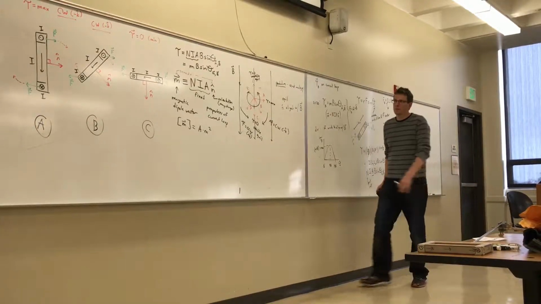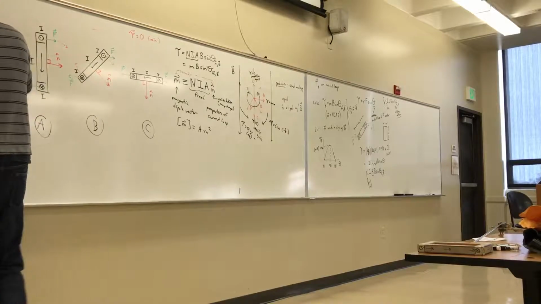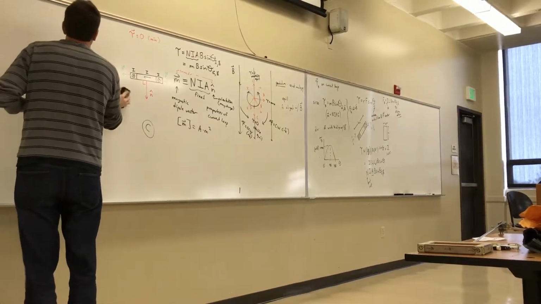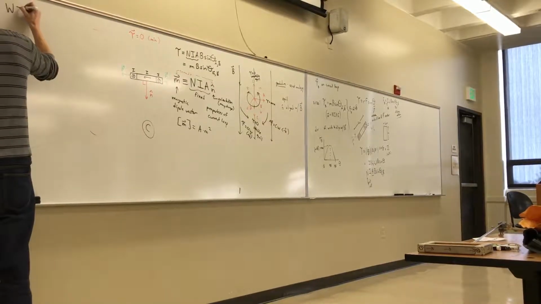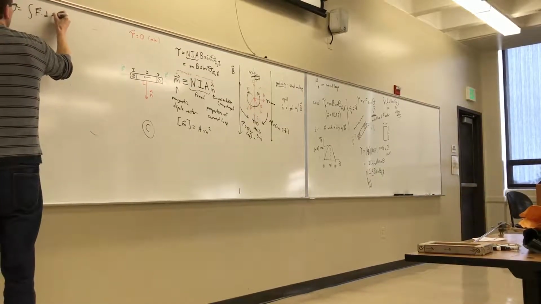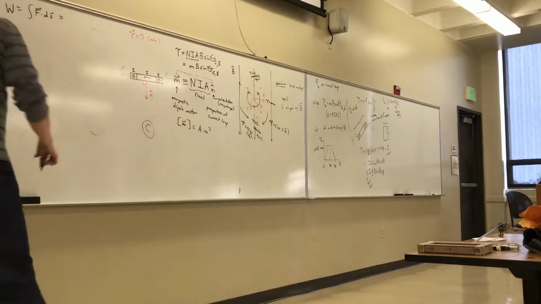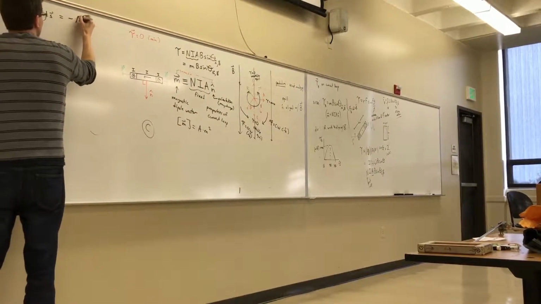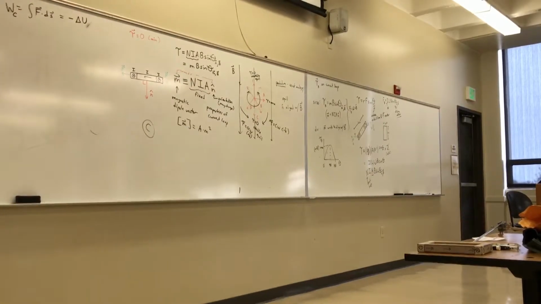In the interest of time, I'm not going to do the whole rigmarole, but I'm just going to tell you roughly how I got this. So you guys, of course, know the good old work formula, right? And then we can say that if you have a conservative force, we can store potential energy, right?